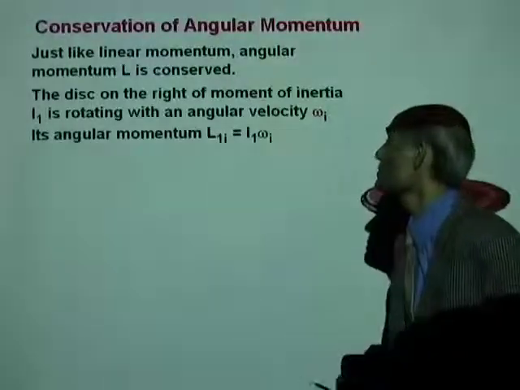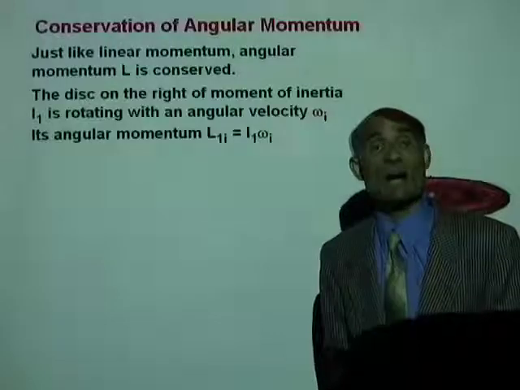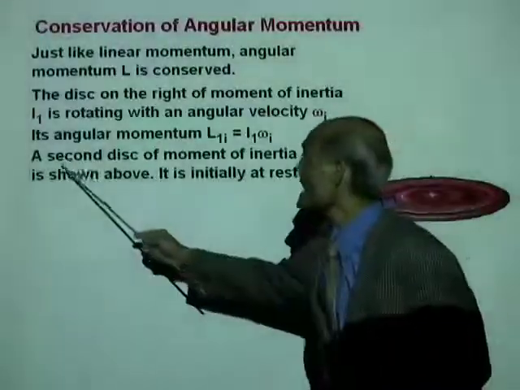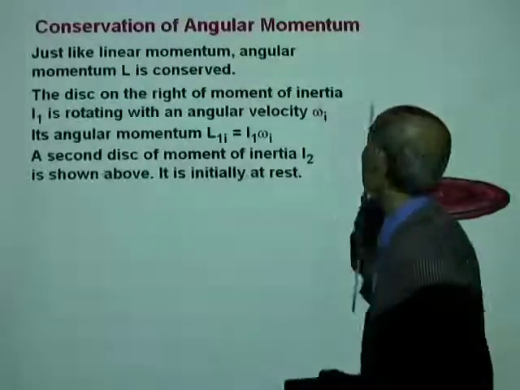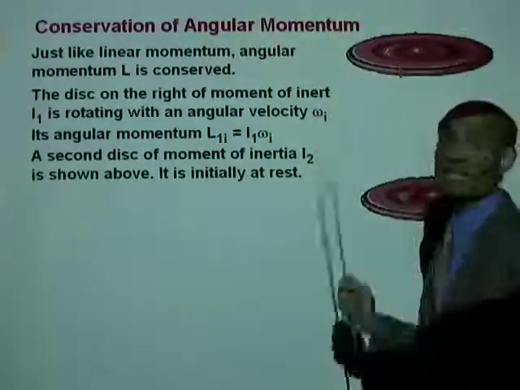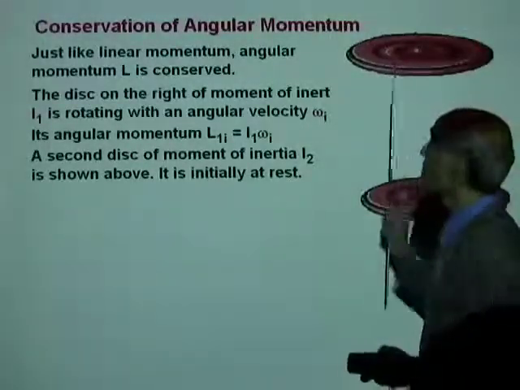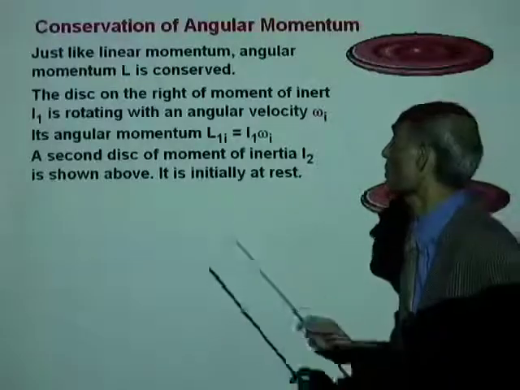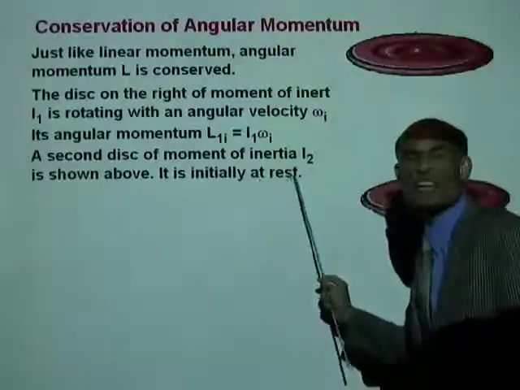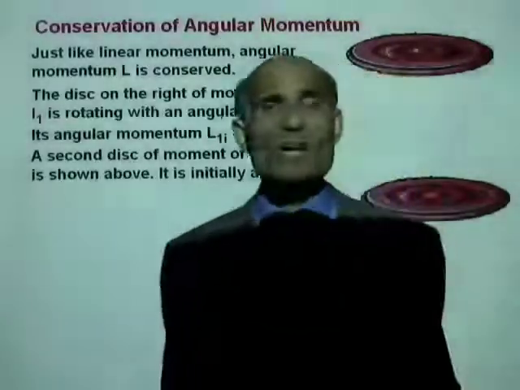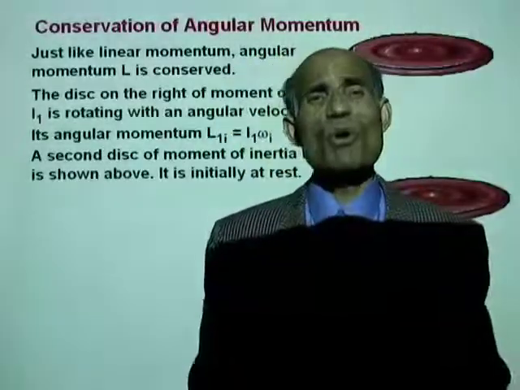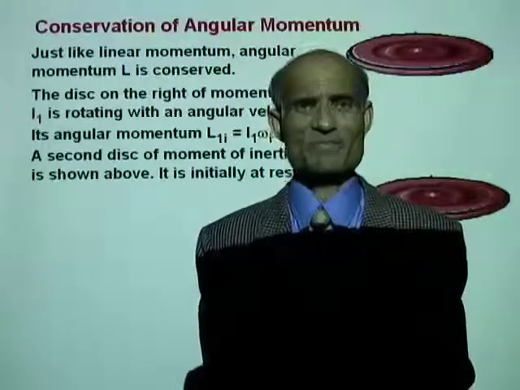L1I equal to I1 omega I. A second disk of moment of inertia I2 is shown above. Here it is. Now this has a moment of inertia I2 and it is initially at rest. Now, have you ever seen one of those old record changers?